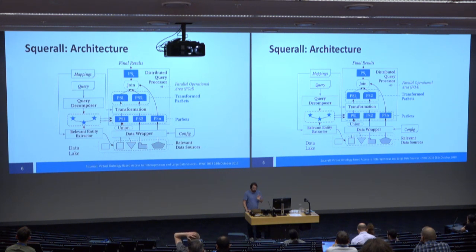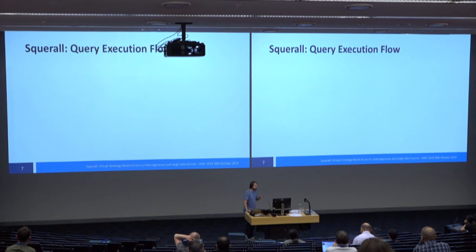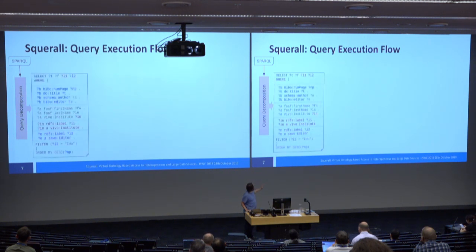So let's have a really quick look at some more details on the query execution flow. Typically you have your query here, decomposed like so. And what we are doing is decomposing the clauses in terms of stars, as we call them, which means that we are looking at the common subject variable.